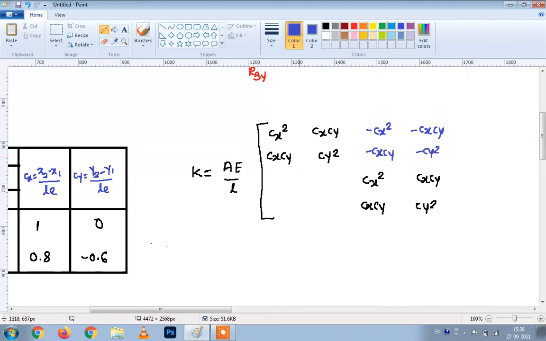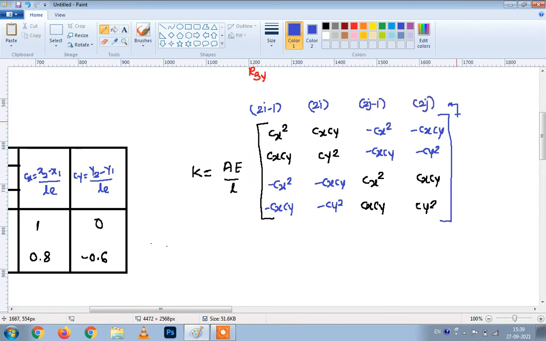Minus Cy square. Now repeat these four terms here: minus Cx square, minus CxCy, minus CxCy, minus Cy square. The degree of freedom for this particular stiffness matrix is written as 2i minus 1, 2i, 2j minus 1, 2j.